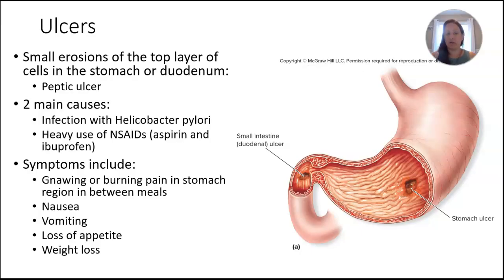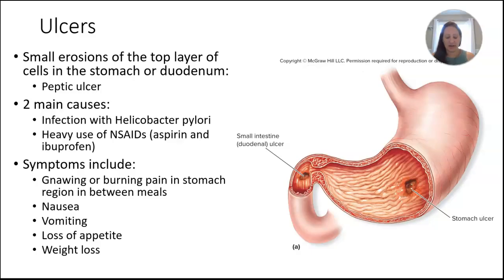One we talked about: heavy use of non-steroidal anti-inflammatory medications, so aspirin, Advil, ibuprofen. Those again are going to inhibit prostaglandin production, which then inhibits mucus production. So now your stomach or your small intestine doesn't have this mucus coating, and therefore the hydrochloric acid is just going to eat right through it. Okay, so there's one cause.